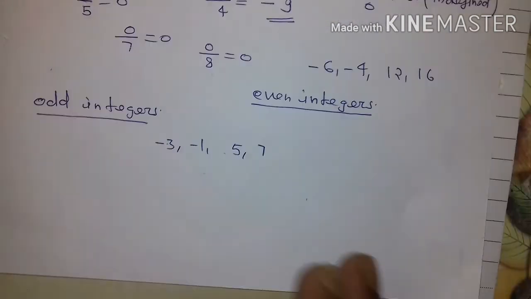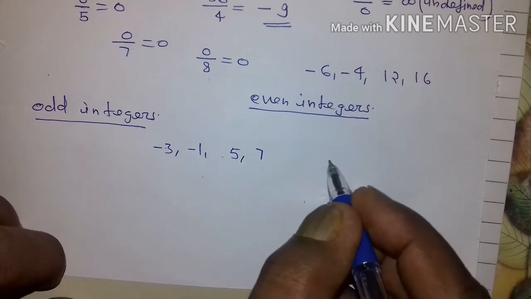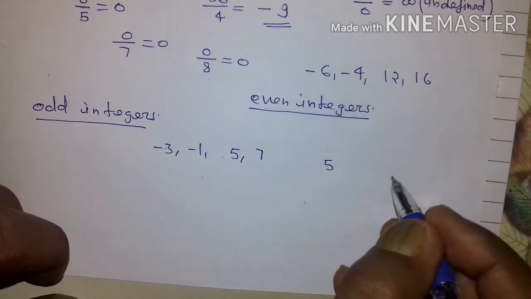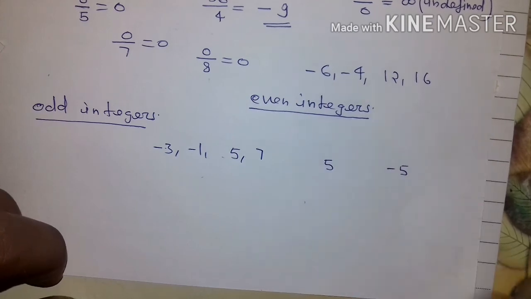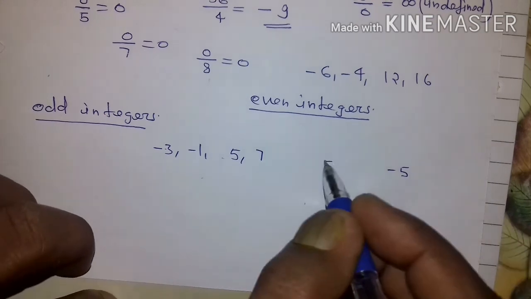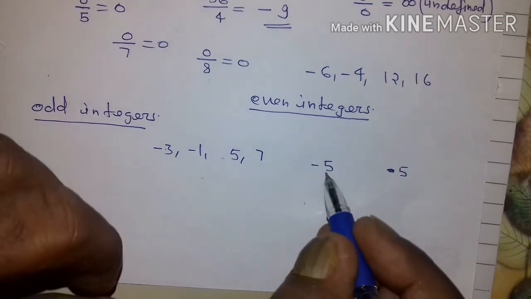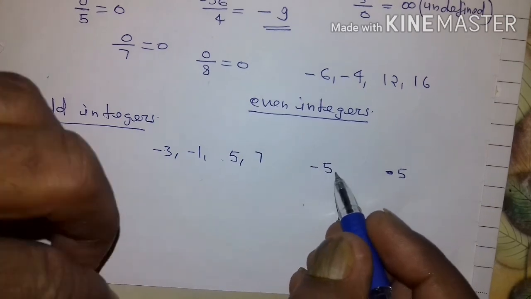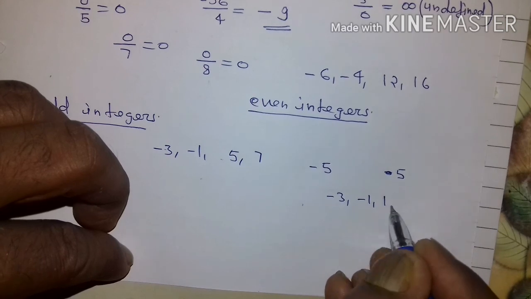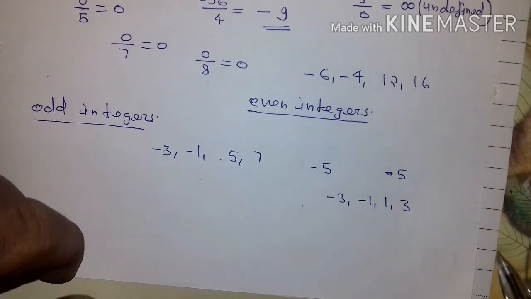If we write the odd integers between -5 and 5, what are the integers? -5, -3, -1, 1, 3.